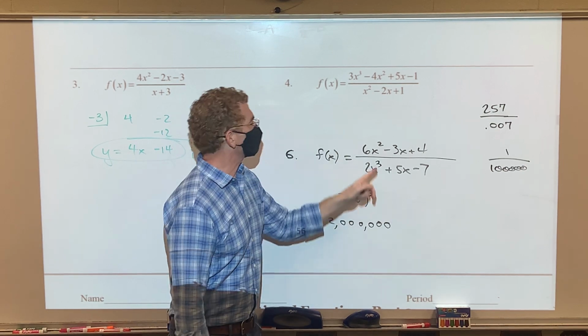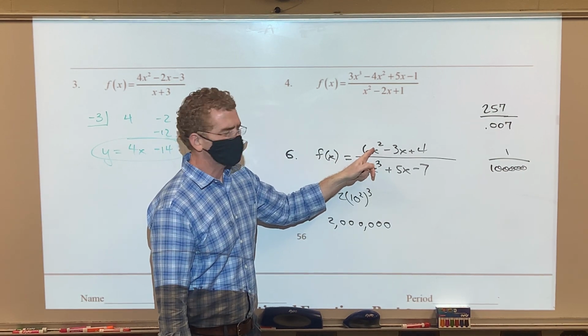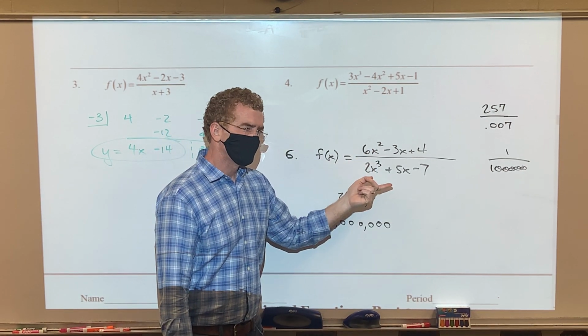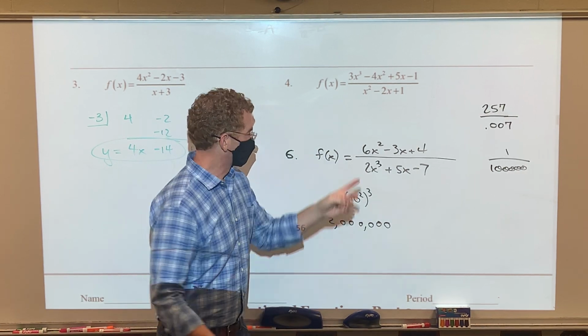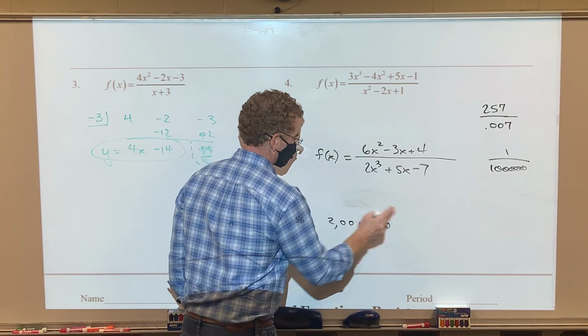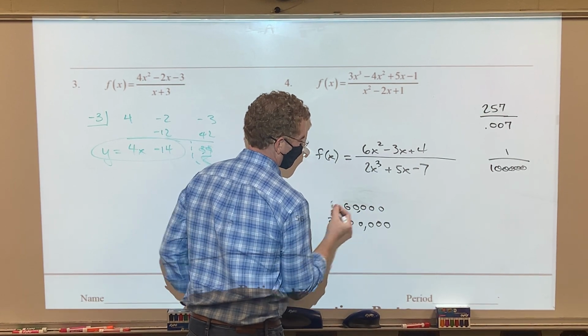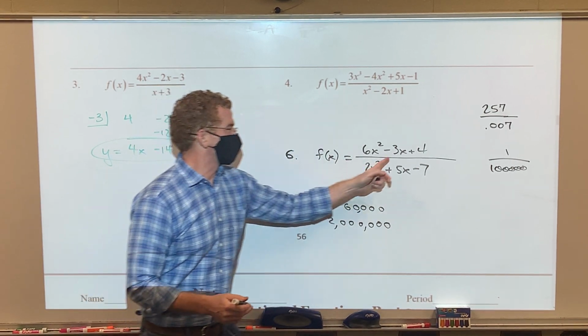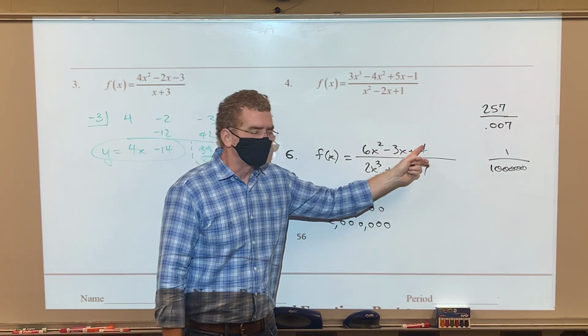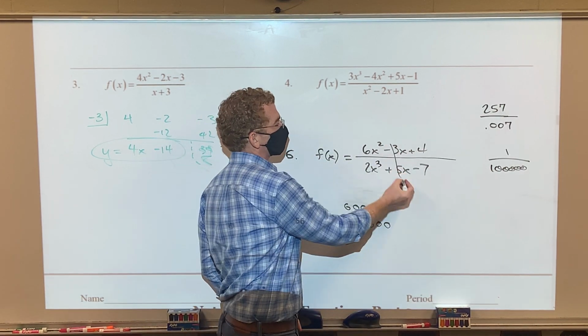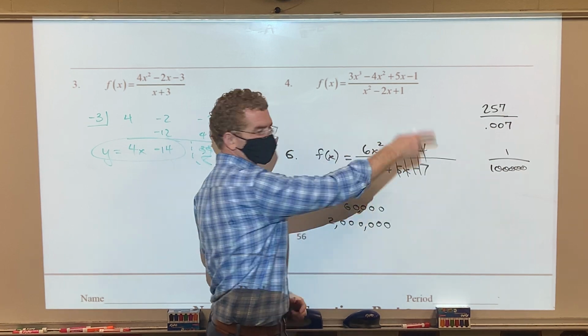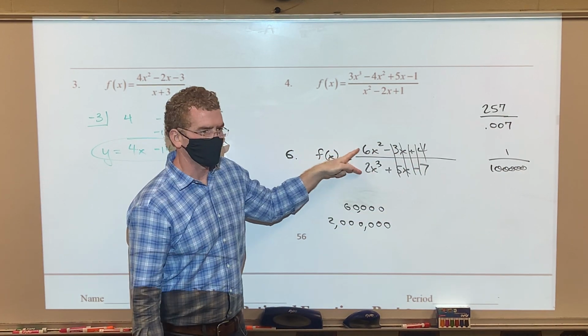Huge number though. What if I plug 100 in there? That's 10 squared squared. That's 4 zeros with a 6. Oh, and then 100 in there, 300, 4. These numbers have very little impact on this fraction, but the lead numbers are what impact it.